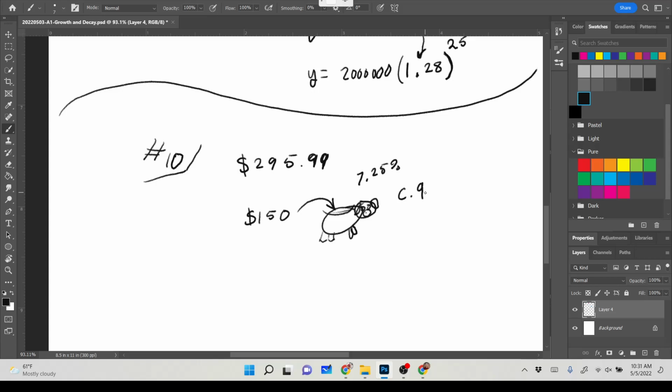So yes, every 3 months, but what we're interested in is the number 4. I did 3 because it would be every 3 months. No, remember it's a fraction of a year. So is it going to be 4 or 1/4? N is 4, because it's compounded quarterly.